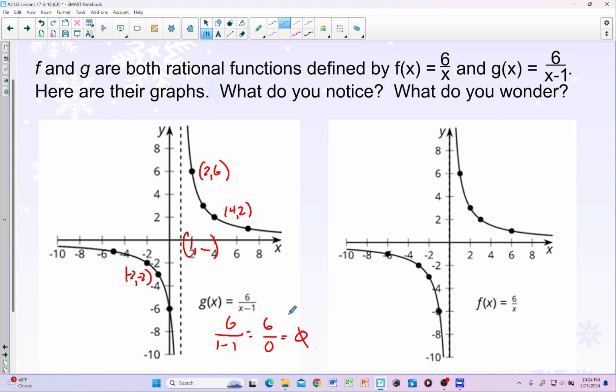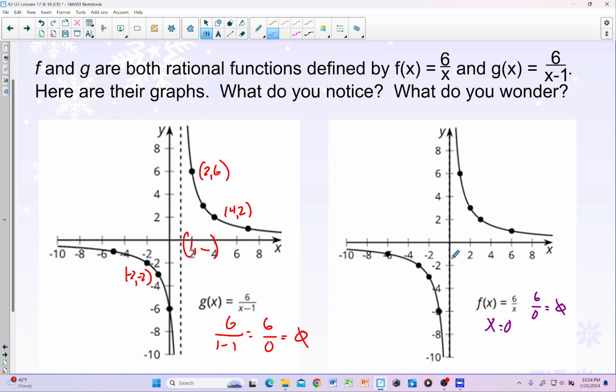Well, how does that play into the other function? Same thing, right? Now, what value of x in this case is going to make that dotted line? Well, it looks like x has to be 0. Because if I plug 0 in, 6 over 0, again, nothing.